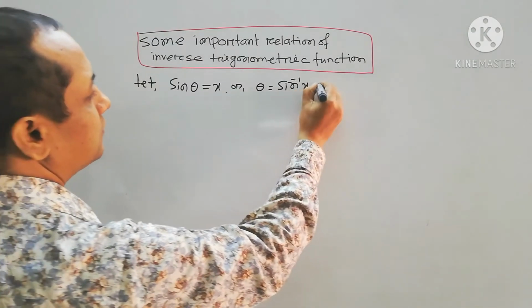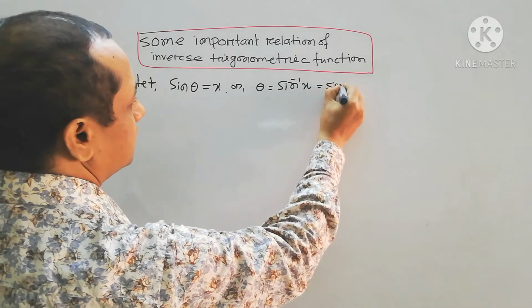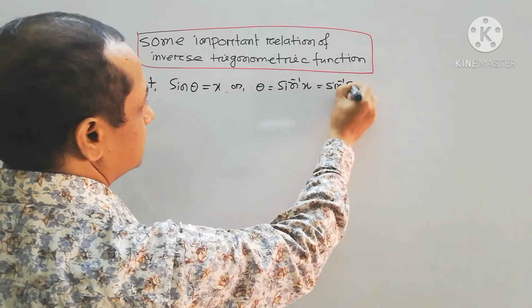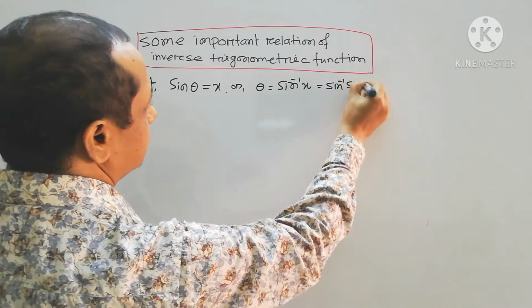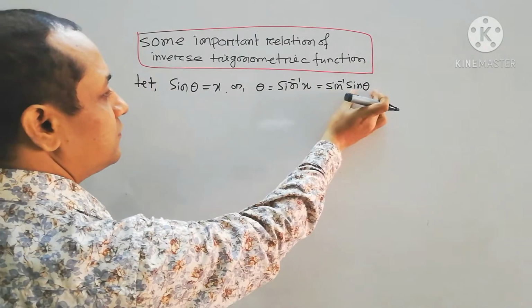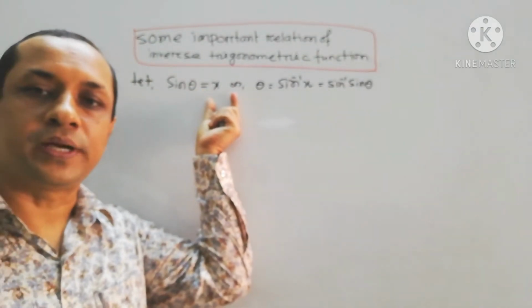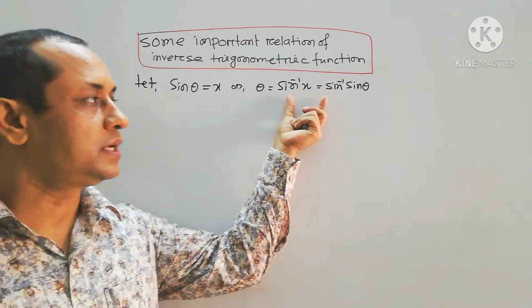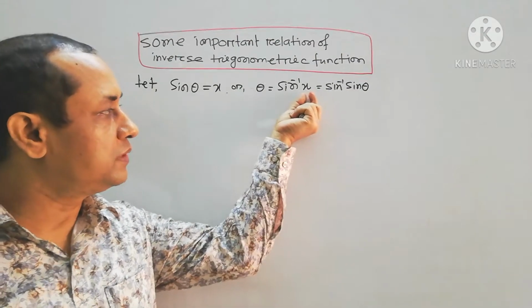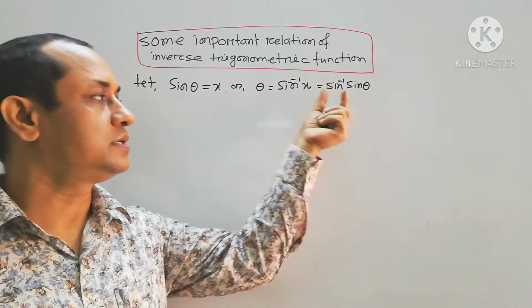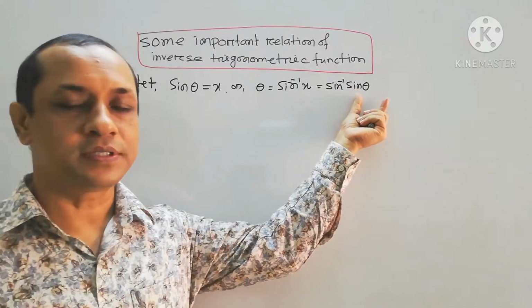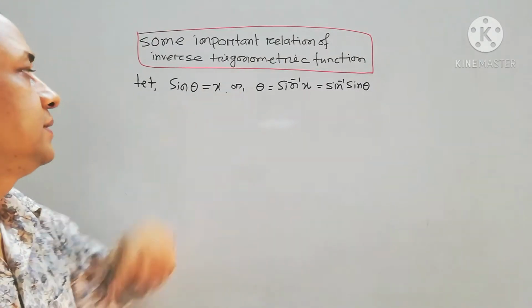Now putting the value of x, theta equals sin inverse sin theta. Students, here let sin theta equals x, so theta equals sin inverse x. Then putting the value of x equals sin theta, we get sin inverse sin theta equals theta.